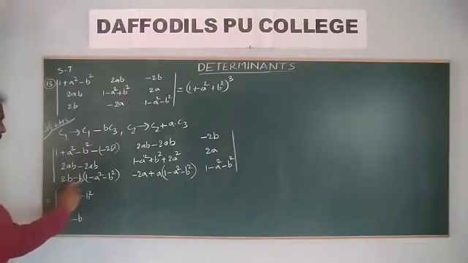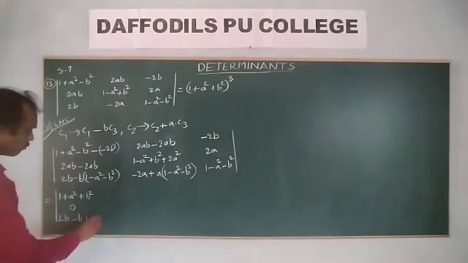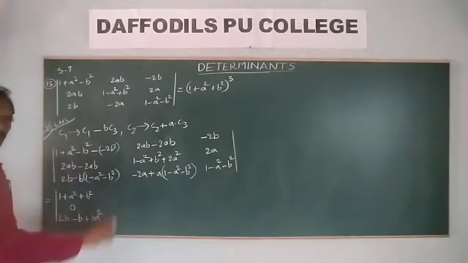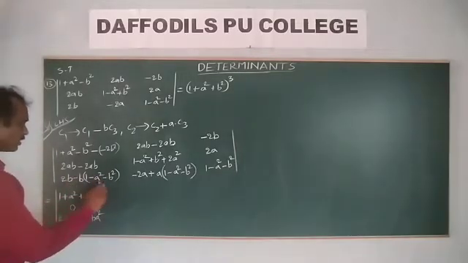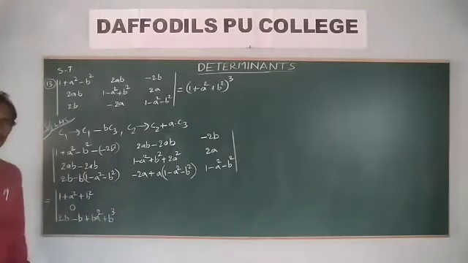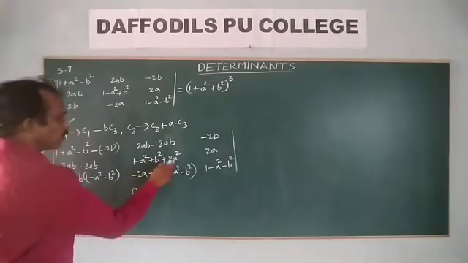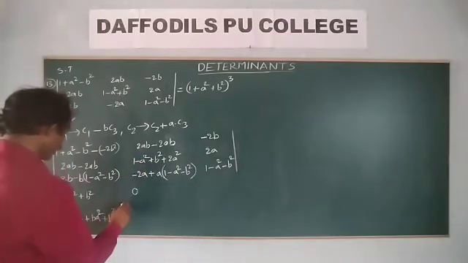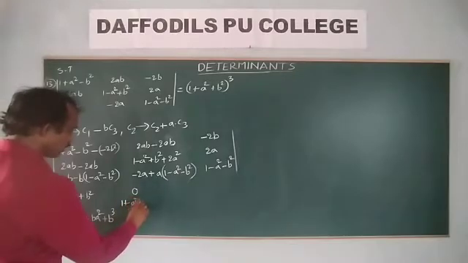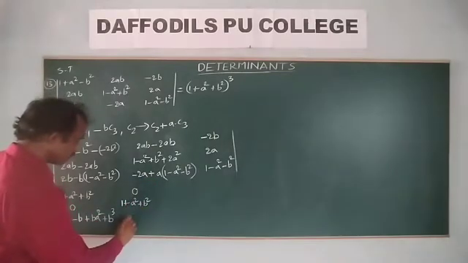Minus b, minus into minus plus b a square, plus b a square, minus into minus plus b cube. Next, 2ab minus 2ab gives 0. 2a square minus a square plus a square, so that is 1 plus a square plus b square.